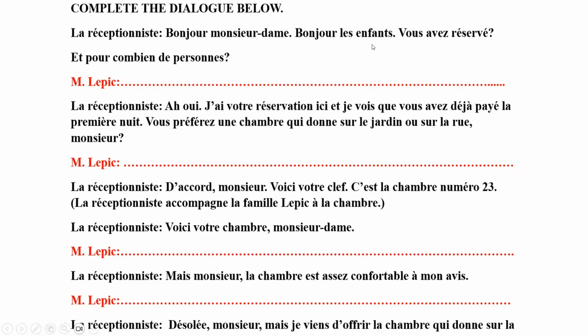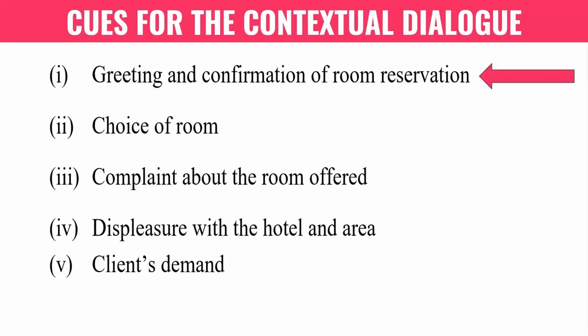So, next important thing to do from here, whenever you are looking to give a response for the contextual dialogue, always refer back to your cues. Remember, the cues are going to let you know the information that needs to be included in your dialogue. So, as you see here, we have 5 cues. And the first cue says, greeting and confirmation of room reservation.